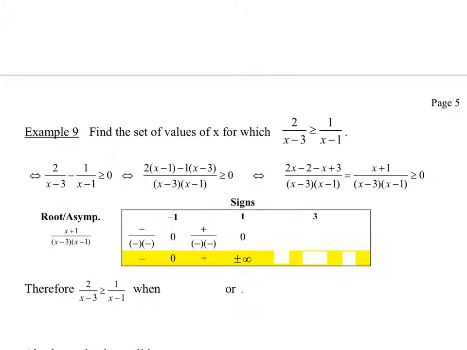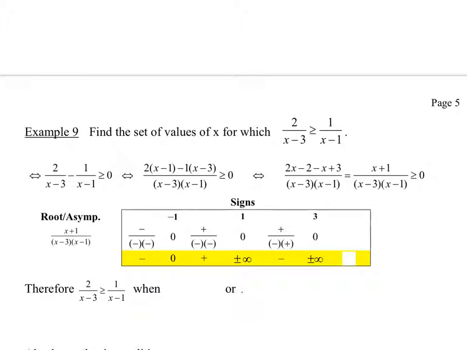We then try a value that's between 1 and 3, for example, 2. If you try 2 in here, it gives us a positive on the top, a negative here, and a positive here. And positive divided by a negative is going to give us a negative. Again, for 3, we're going to get one of those positive or negative infinities.